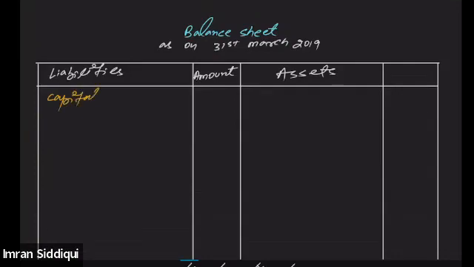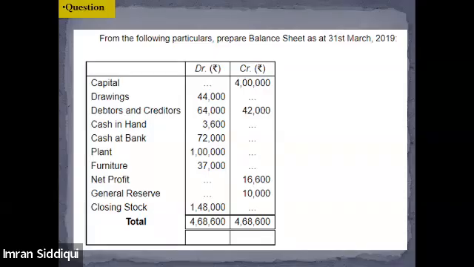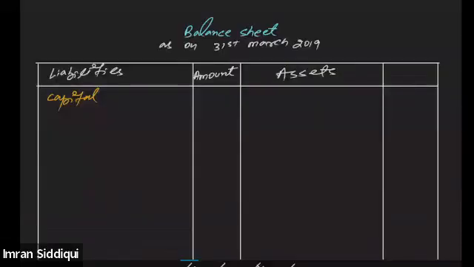But as I told you, the value of the capital will only be recorded after subtracting the amount of drawing and adding the amount of profit. So capital is given as 4 lakh, but we won't be writing the amount of capital in the column of the amount right now. We'll first of all add the net profit.